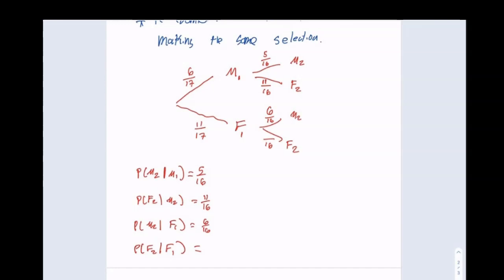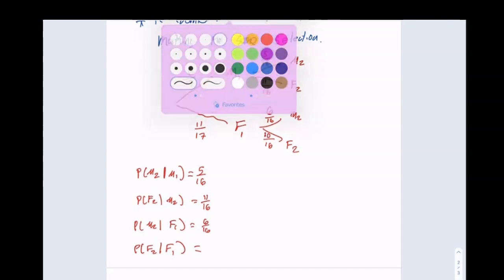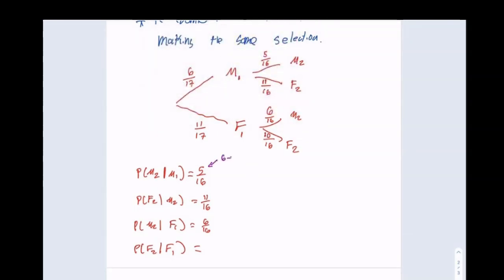How many females are there when I make my next selection? Ten. So to note here, this went from 6 to 5 because a male was already selected. This stayed 11 because a female wasn't selected.